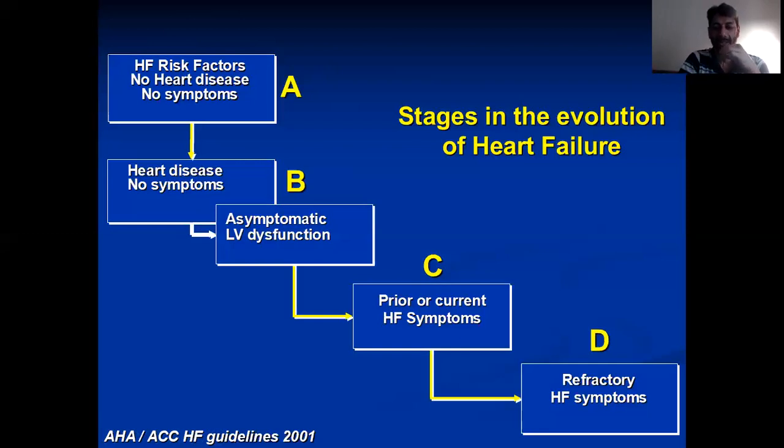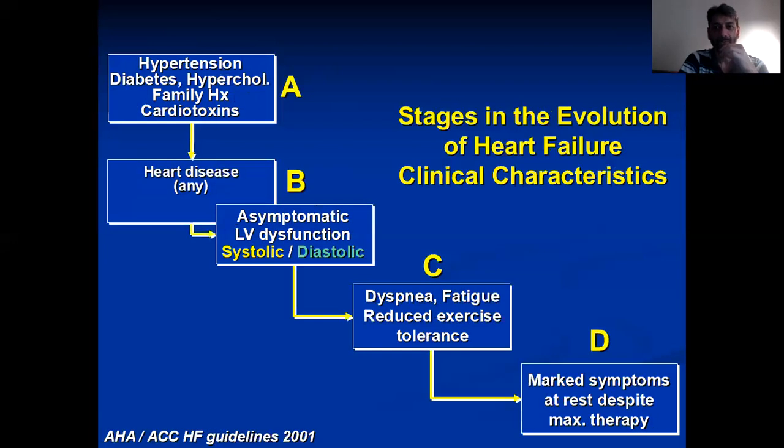Stage A is a category where your patient is having only risk factors, meaning hypertension, diabetes, hypercholesterolemia, family history, exposure to cardiotoxins, alcohol. So any condition which can compromise the heart should be seen as stage A heart failure. And just think of that: if you haven't taken care of your patient at this stage properly, the patient may go into stage B of heart failure.